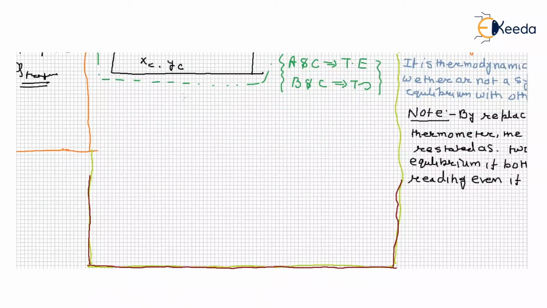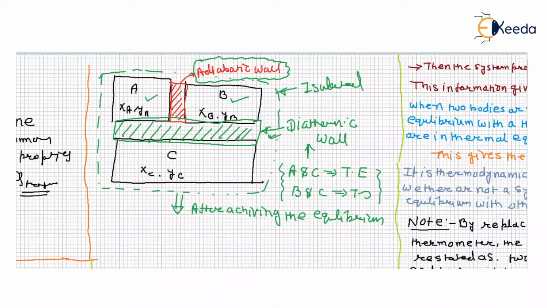After achieving the equilibrium, see what is in our mind: do A and B have thermal equilibrium or not? Only one confusion, because we know that A and C are in thermal equilibrium, B and C are in thermal equilibrium, but are A and B in thermal equilibrium or not?